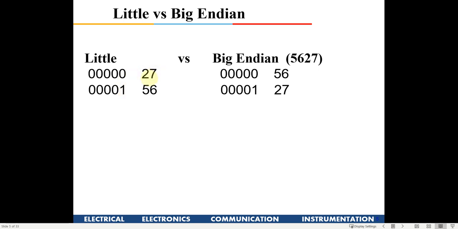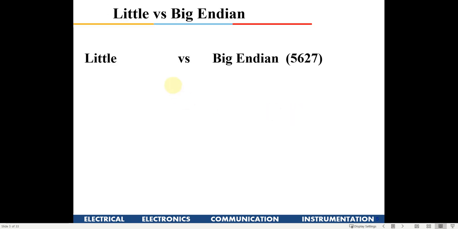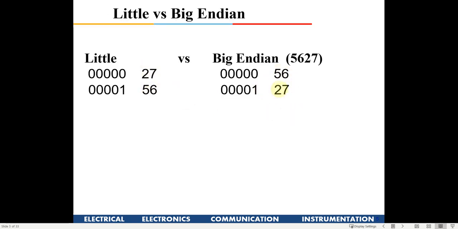You have the lower byte coming in here. This is the lower byte and this is the higher byte. The way it is written here, in the odd register and in the even register, the higher displacement is written, and here it is written the other way around.